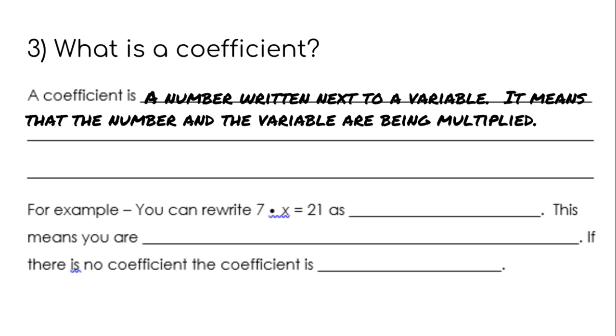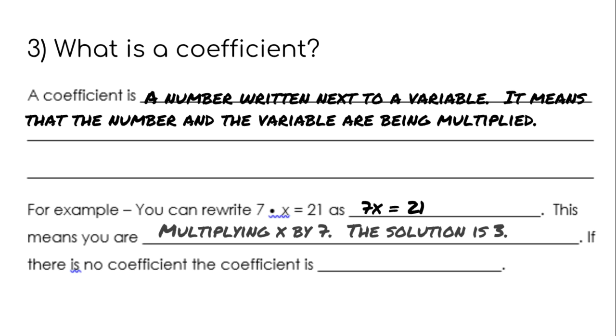Rather than write 7 times x equals 21, they can rewrite it as 7x equals 21. They're not taking the time to write the times symbol. They're just shortening it to 7x equals 21. This means that you are multiplying x by 7. The solution to this I would find by dividing, and the solution is 3, because we know that 21 divided by 7 is 3, or that 7 times 3 gives me 21.